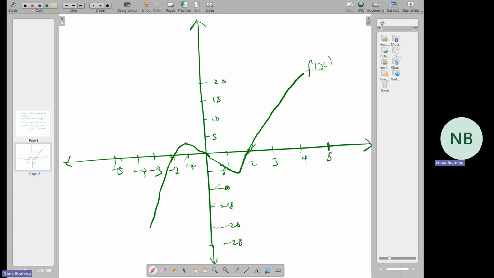Okay, so for example, if we have a function such as this, this function is increasing on some interval and also decreasing on some interval.